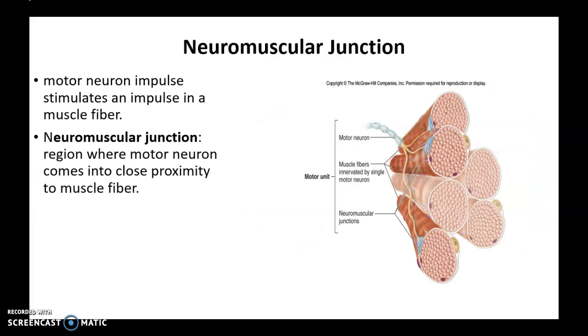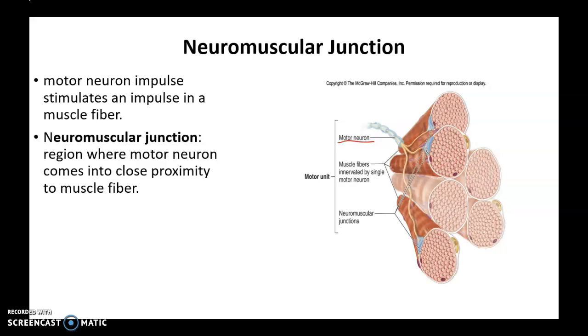Okay. That leads to our next segment, which is called the neuromuscular junction. In this picture, we see a motor neuron, and this particular motor neuron is controlling 3 muscle fibers.